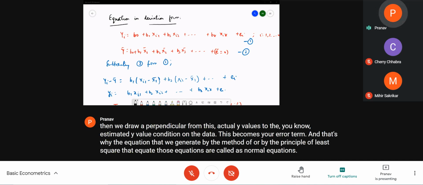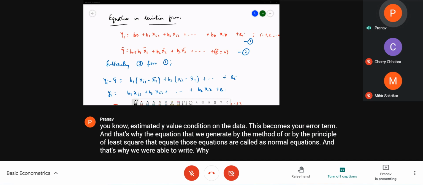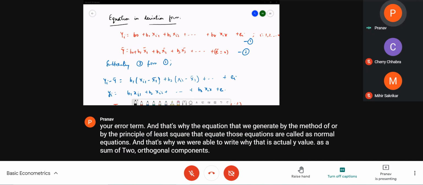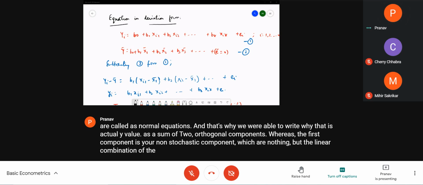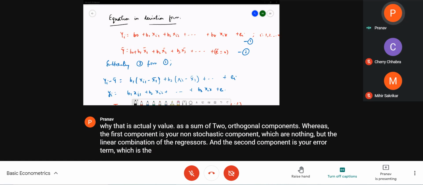And that's why we were able to write y, that is the actual y value, as a sum of two orthogonal components, where the first component is your non-stochastic component, which is nothing but the linear combination of the regressors, and the second component is your error term, which is the stochastic component of the y value.